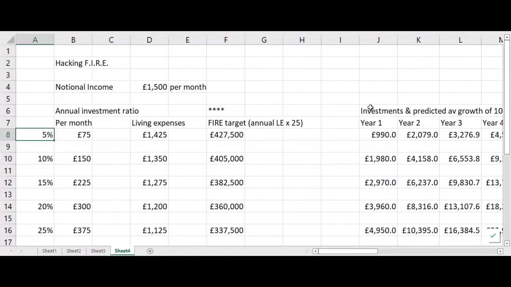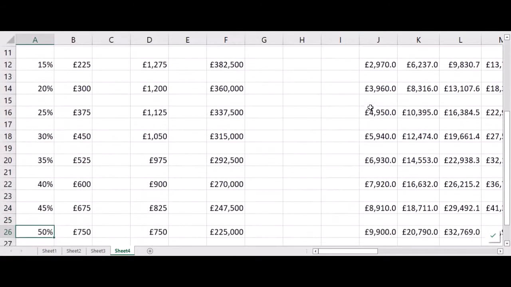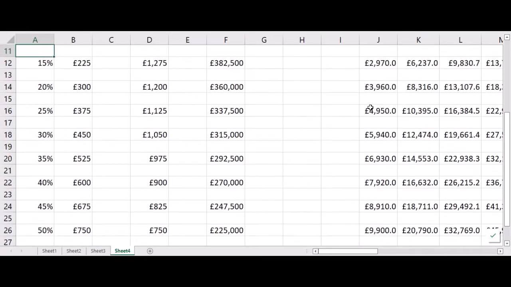So the lowest there at 5% of the income, and that increases all the way up. I've done it as far as 50%. I think it's probably unrealistic to expect people to be able to invest more than 50% of your income, but hey, if you can, happy days, and you'll see why shortly.